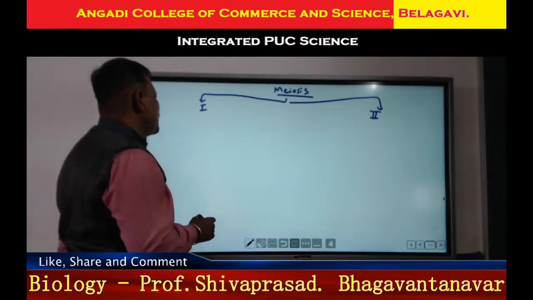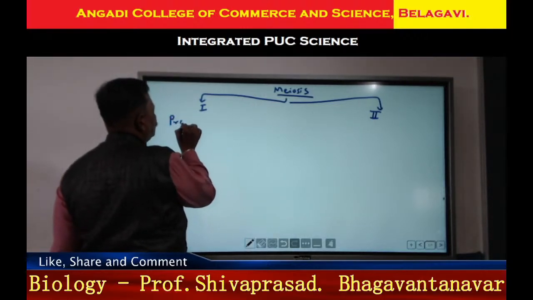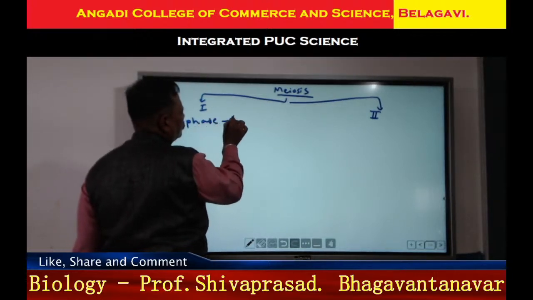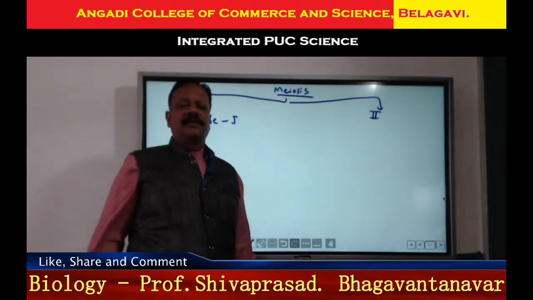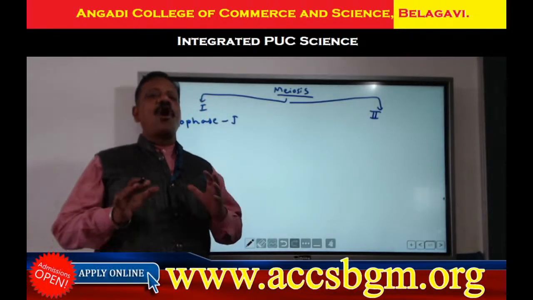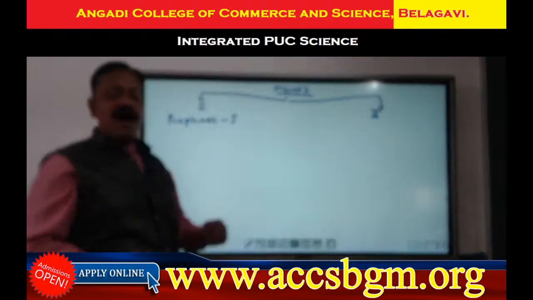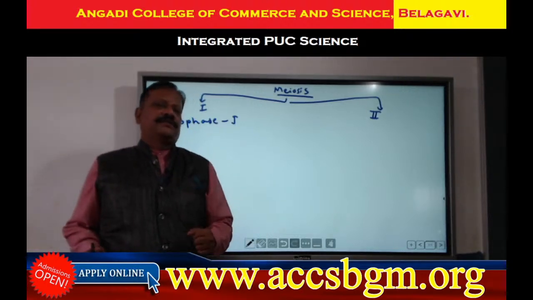In case of meiosis 1, we have prophase 1. Prophase 1 requires a longer duration in meiosis. Meiosis 1, prophase 1 is very important.